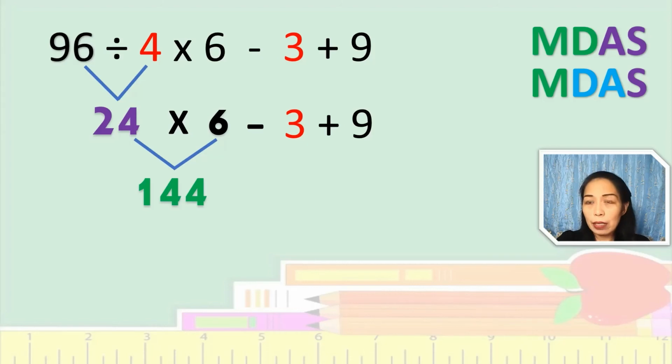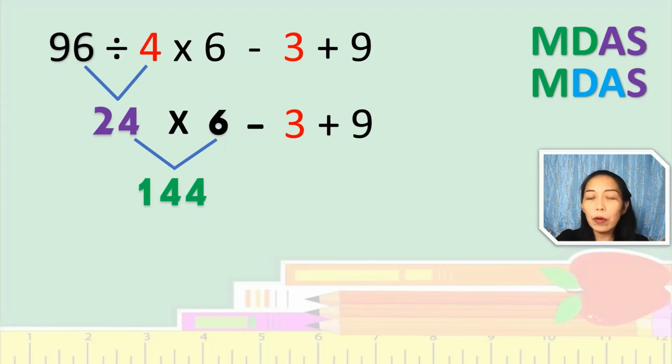Following the M-, dapat ato siyang i-add, mag-add sa kadiri. But according to the rule, kailangan natong isunod because nagtapad man, nagsunod man si addition o si subtraction. Which, sa atong case, nag-una si subtraction.